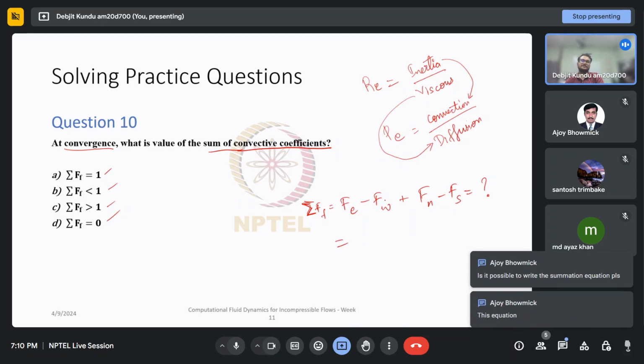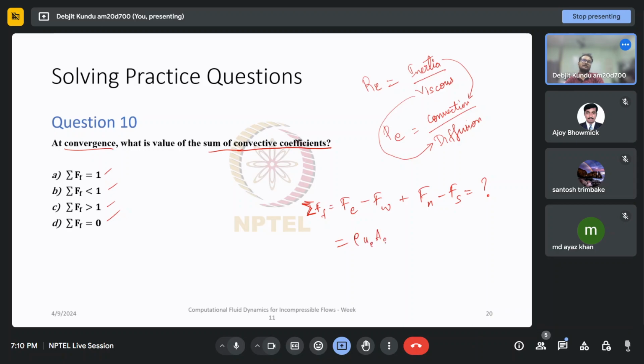Yeah, so here's the summation equation, and the individual values are, say, rho UE AE, then rho UW AW, and Fn would be rho VN AN, minus Fs would be rho VS AS.